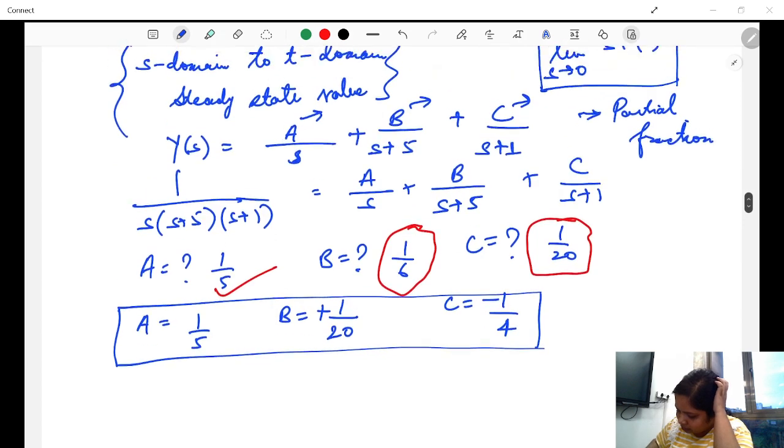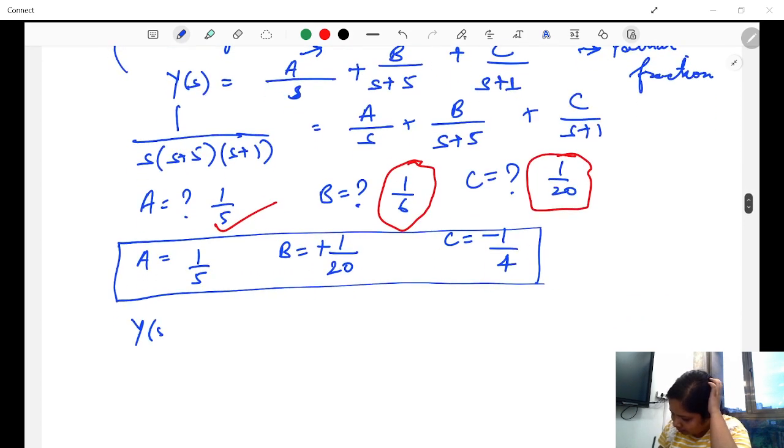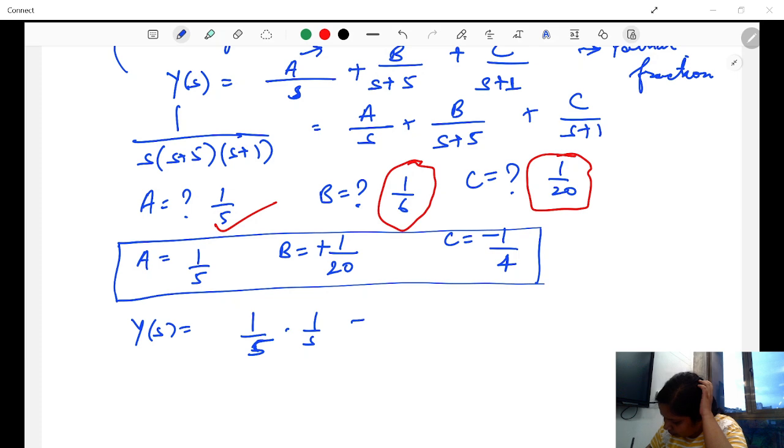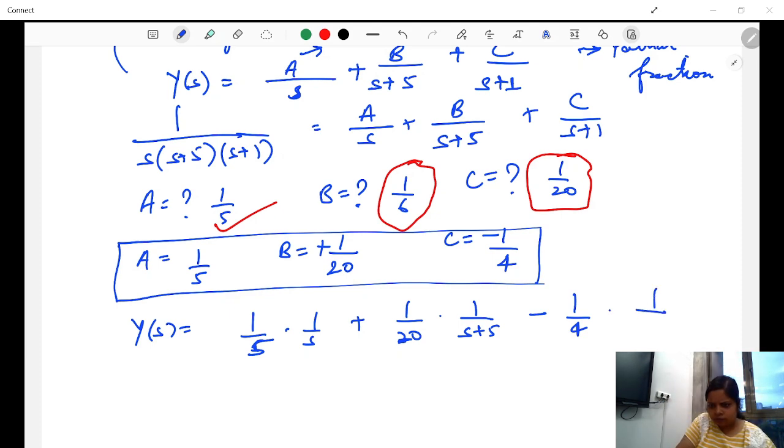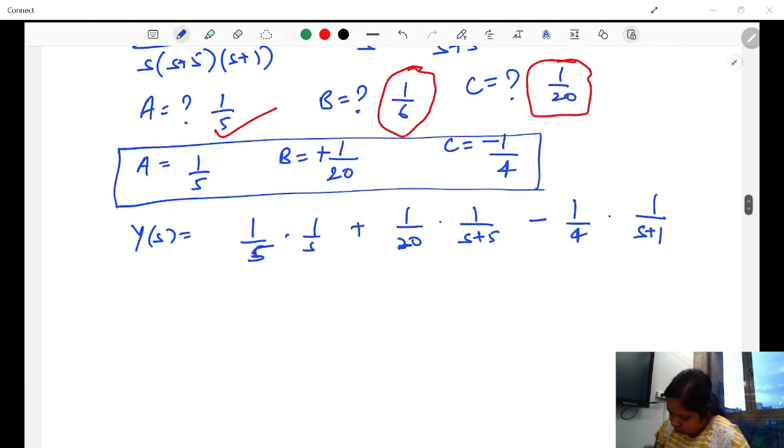Once you have this answer, you can write Y(s) is equal to 1 by 5 into 1 by s plus 1 by 20 into 1 upon s plus 5 minus 1 by 4 into 1 by s plus 1.